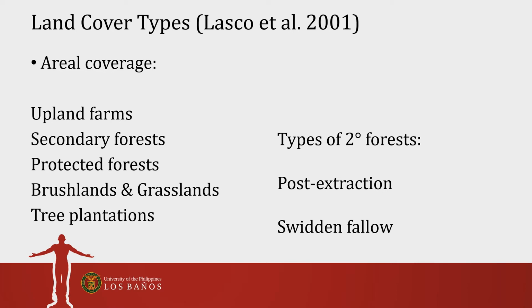Post-extraction forests stem from legal and illegal logging and are the main source of wood products of the country. Swidden-fallow secondary forests are forests regenerating largely through natural processes in woody fallows of swidden agriculture for the purpose of food production by farmers and/or communities.